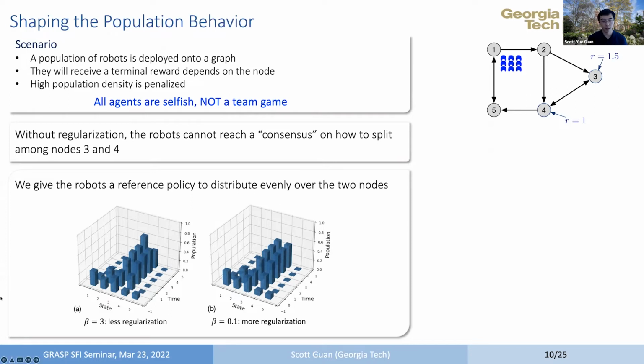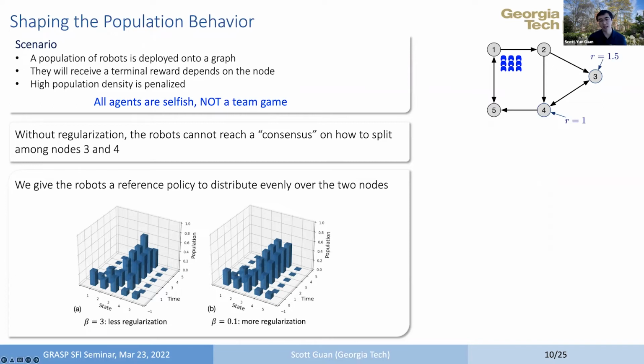On the other hand, if we give a small beta, this is more regularization, and the agents respect the reference policy more than the reward, and they would just distribute evenly over the 2 nodes, which is essentially the reference policy.